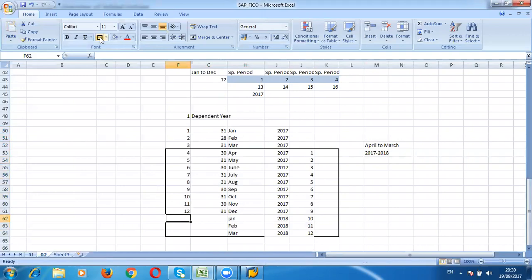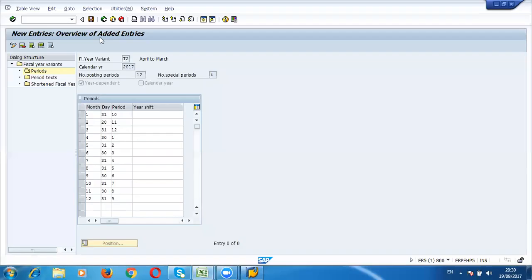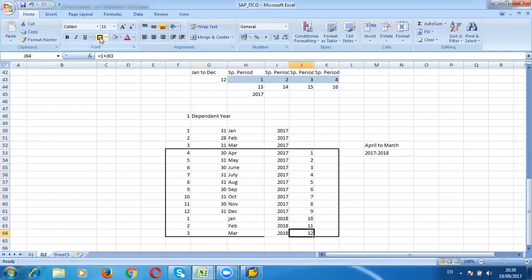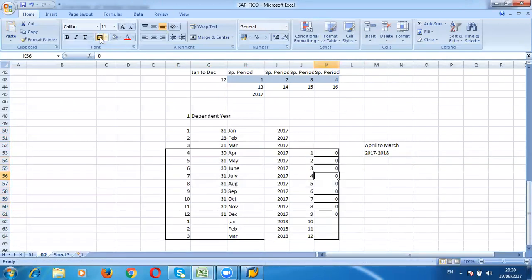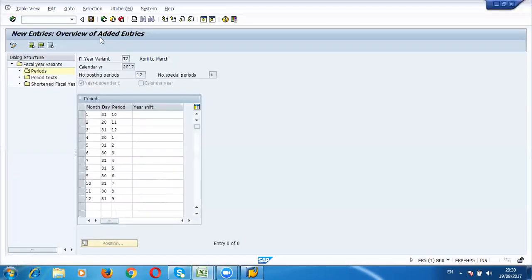Now there is a concept of year shift. Is there a year shift? Yes, definitely there is a year shift, because suppose you are in 2017, so that is your 0. But if you are taking a month like this one, that is a year shift.